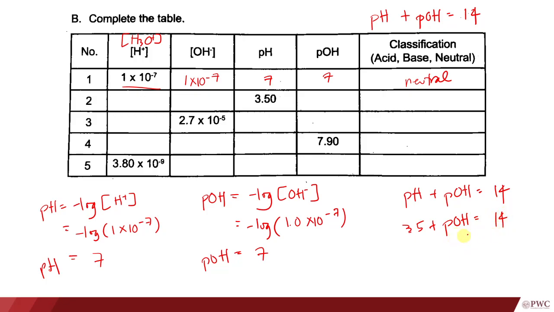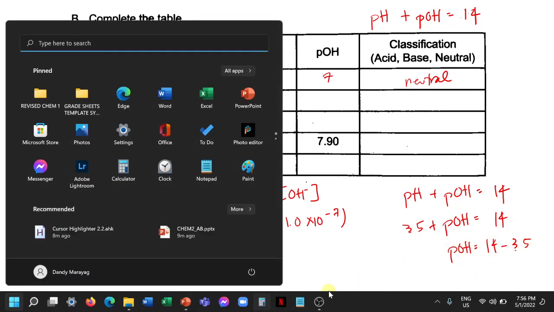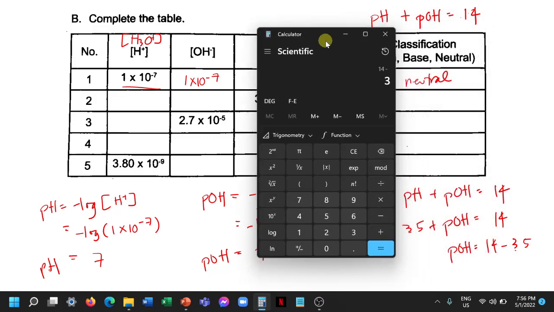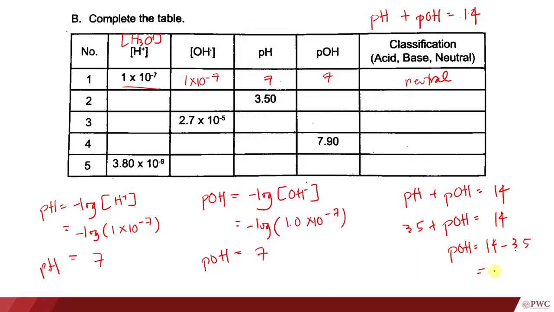To find the pOH, simply subtract 3.5 from 14. Just transpose this one over here. Let's open our calculator. We have 14 minus 3.5 is equal to 10.5. So the pH is 3.5 and the pOH is equal to 10.5.